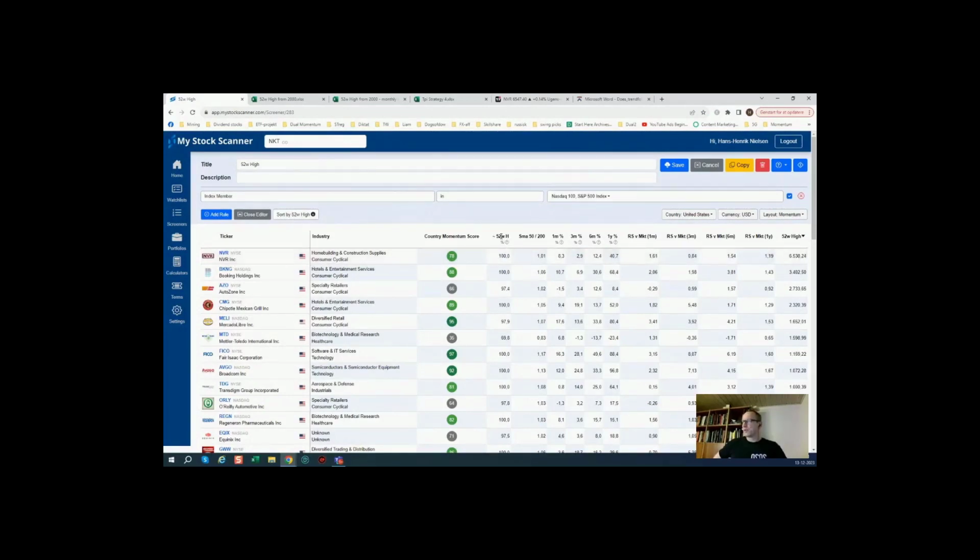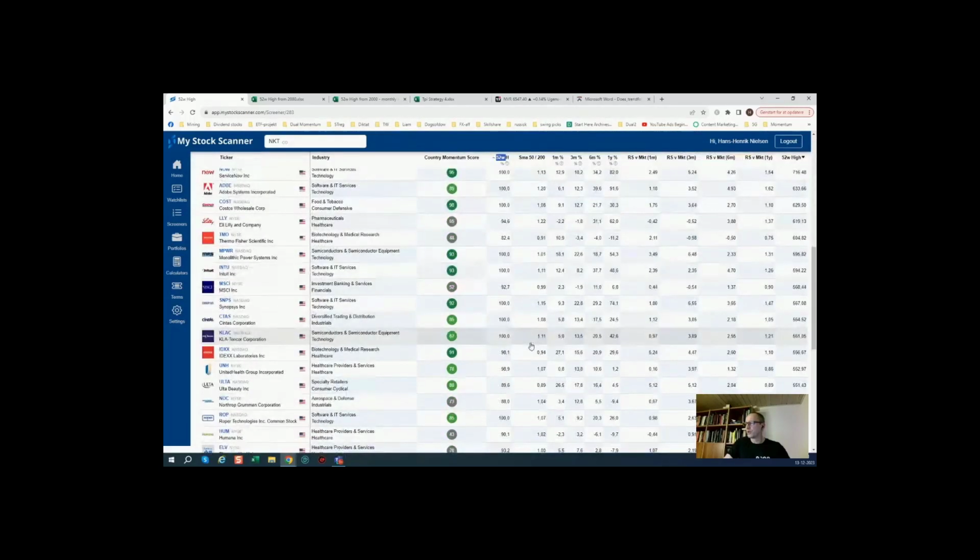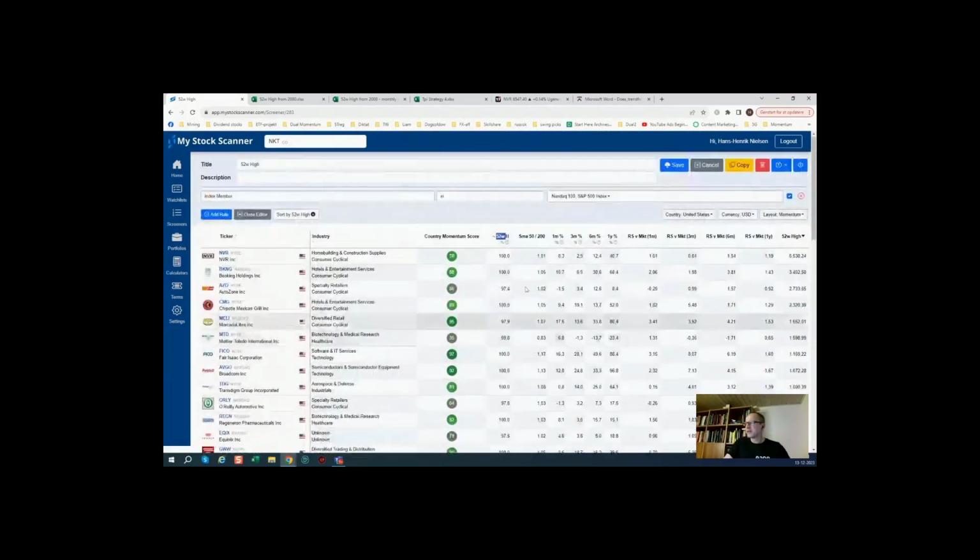Now, I should say there's a little bug in the system because this one should just be to press here, and then it would sort so that every stock with a 100 up here would be on top, and all the lowest would be down. There's also a tiny little bug about this, so there are a few numbers that can actually go above 100, which of course is wrong.